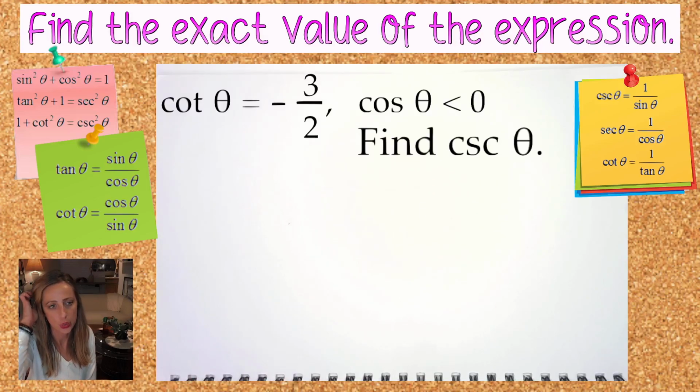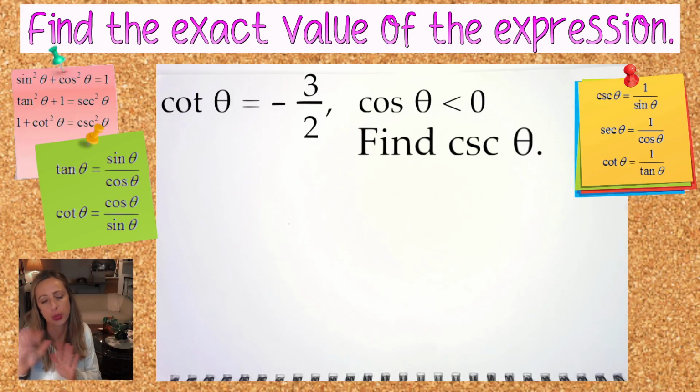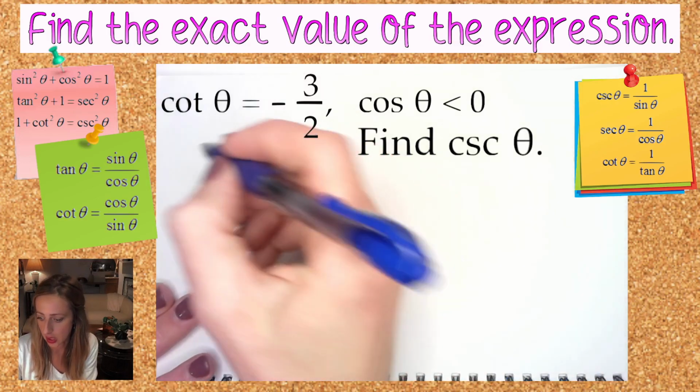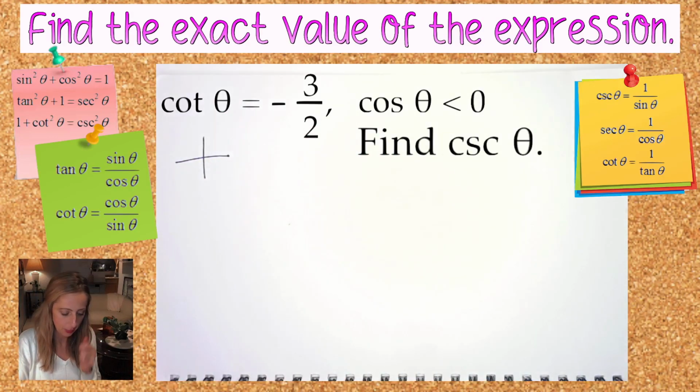First thing we're going to do is take the given information and use that to draw a reference triangle in the correct quadrant, with all three sides of the right triangle labeled. So how do I figure out which quadrant I should be looking at? Well, for starters, I'm going to look at the cotangent.